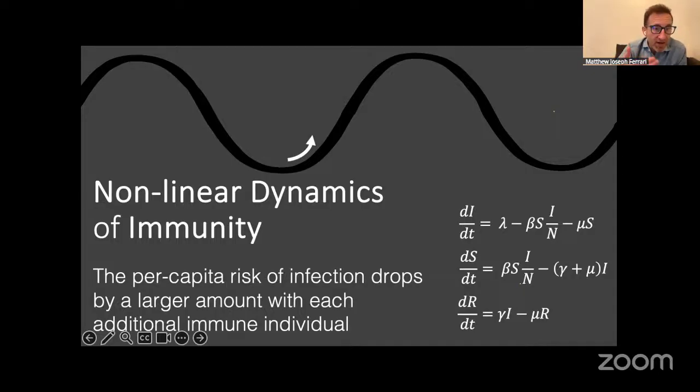But an implicit phenomenon that occurs even within the non-age specific version of the SIR model is the implicit assumption that the corresponding distribution of waiting times until transitions, right?